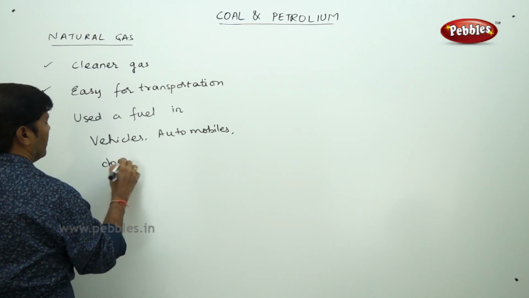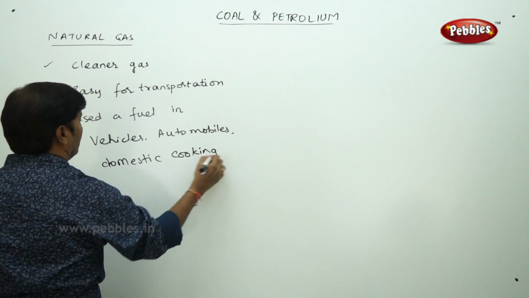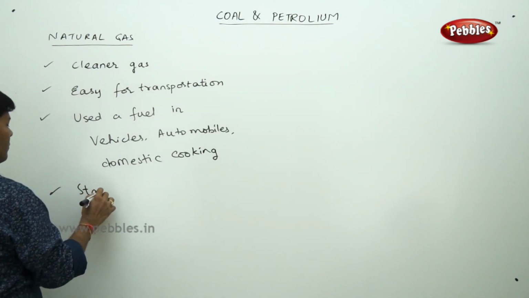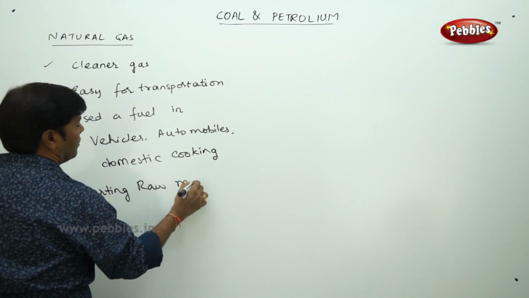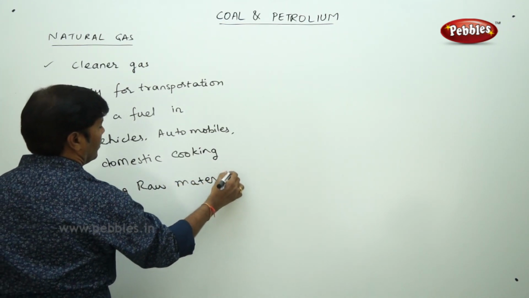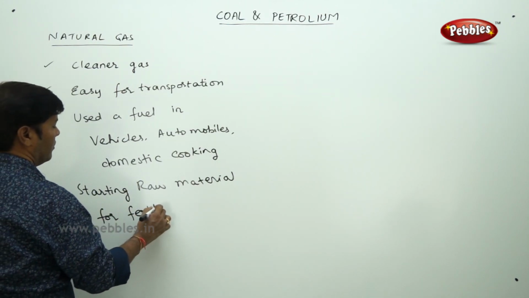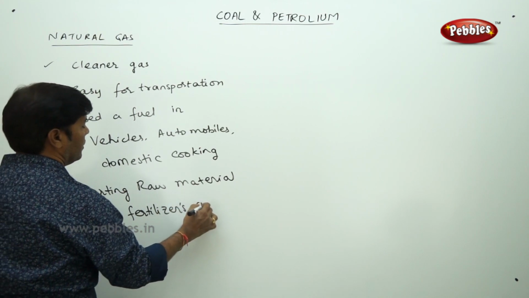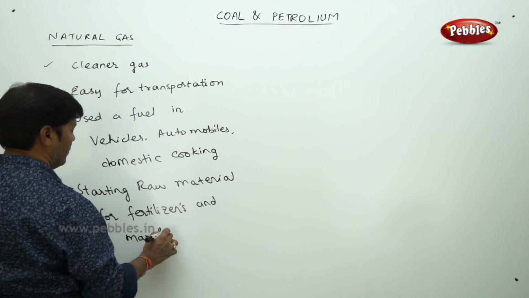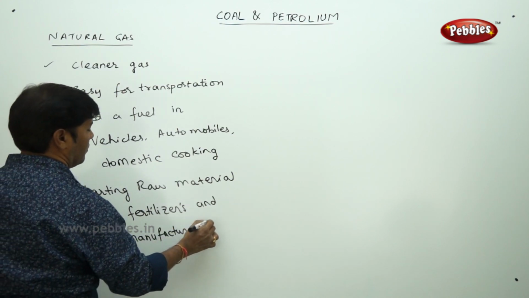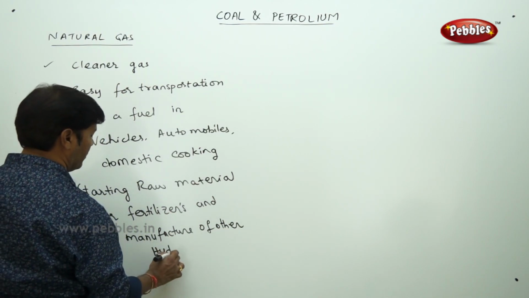It is a starting material, a raw material for fertilizers and for the manufacture of other hydrocarbons.